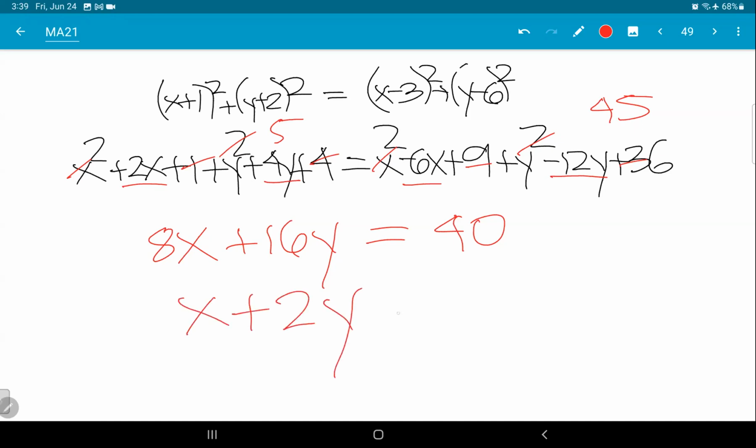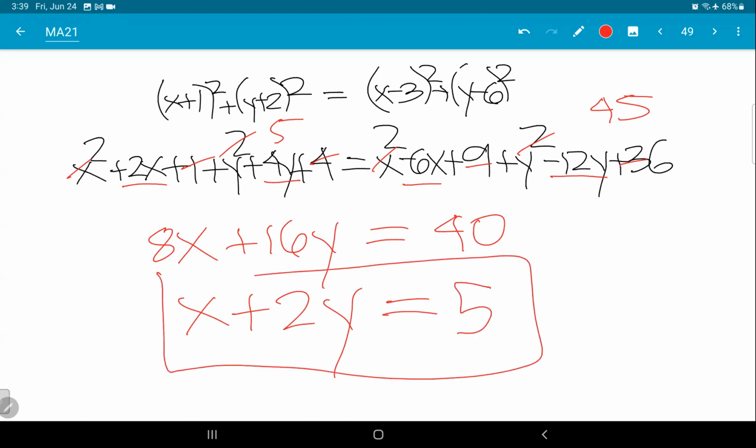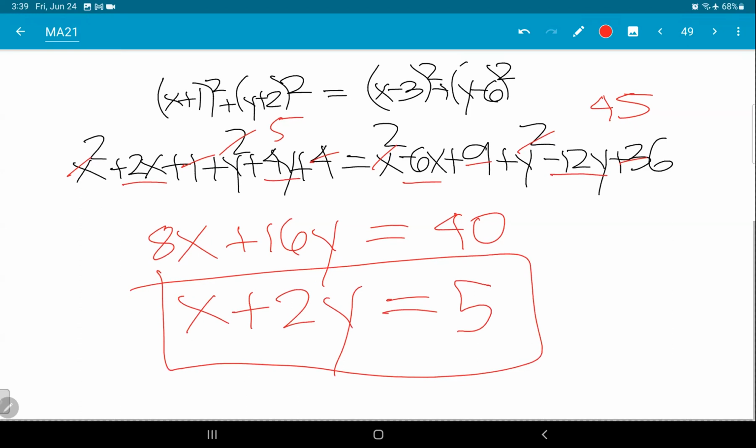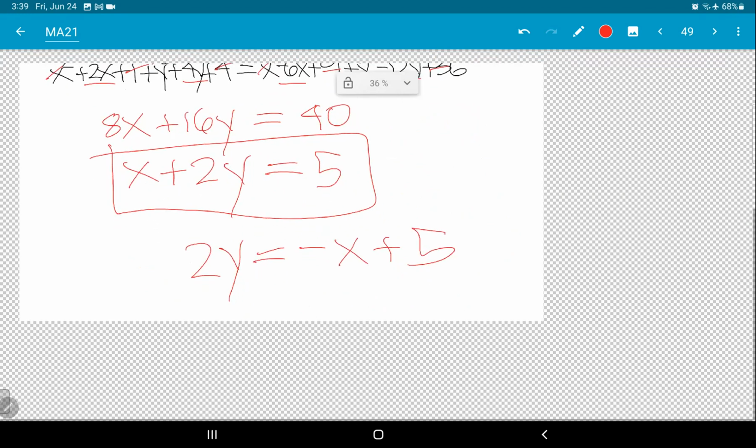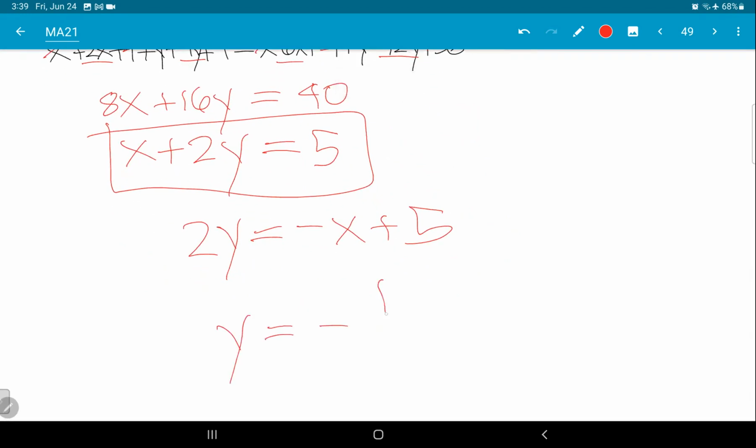We have a simple looking one like this. x plus 2y equals 5, or if we wish, we can write this in slope-intercept form. We will get 2y equals negative x plus 5. So the slope-intercept form is y equals negative 1/2 x plus 5/2.